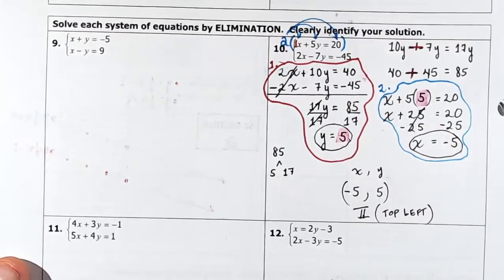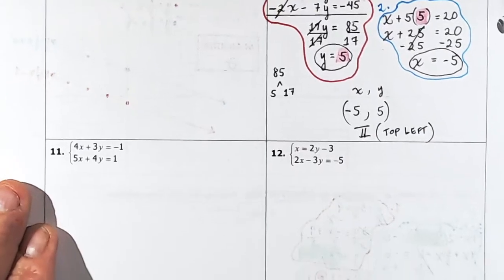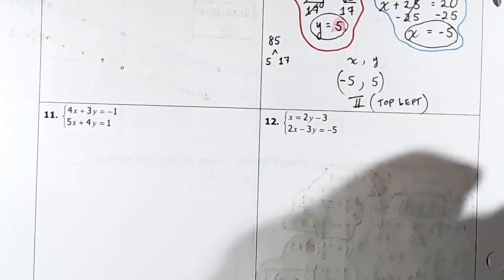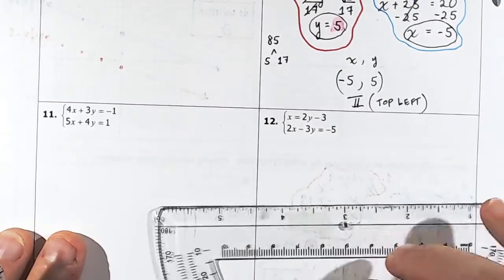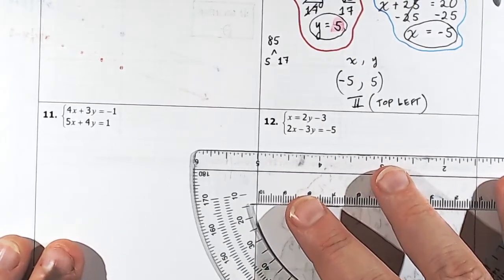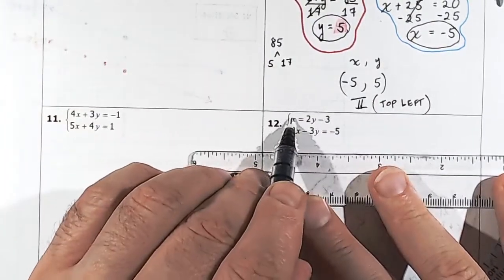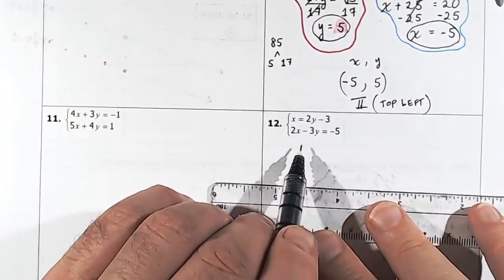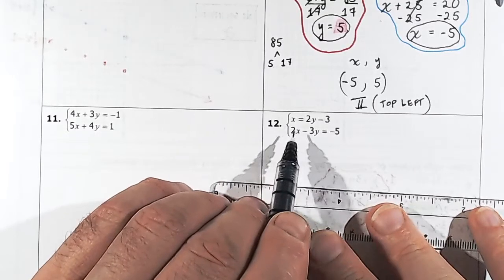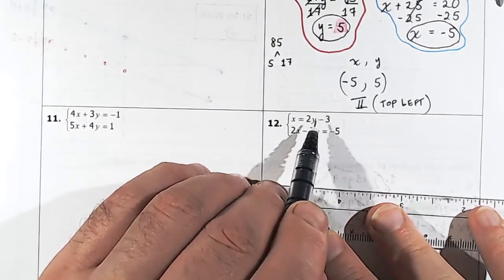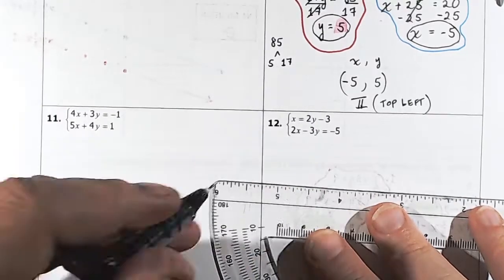These other problems look good, except for number 12, which I'll give you a little bit of help on. Before you can even analyze number 12, you need to change the form of this equation, and you need to make sure that you have it with both the x and the y on the same side of the equal sign.